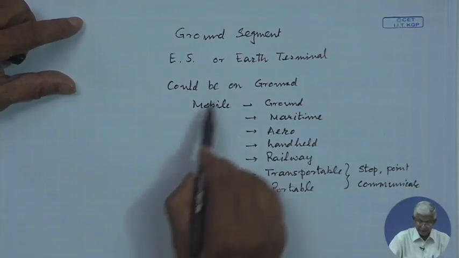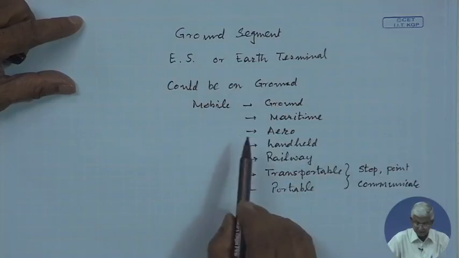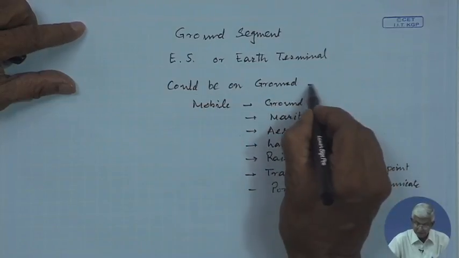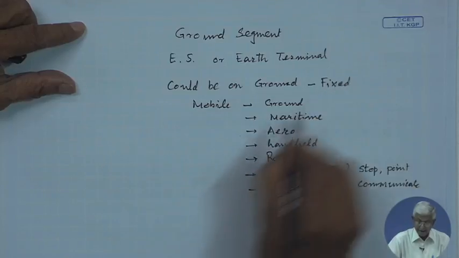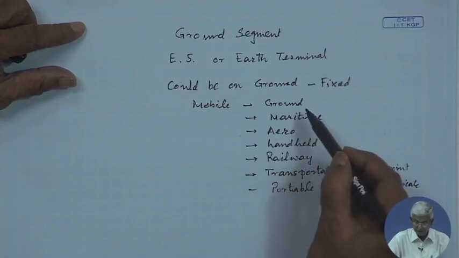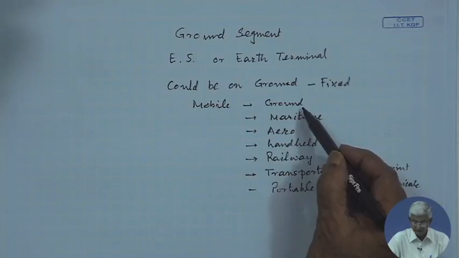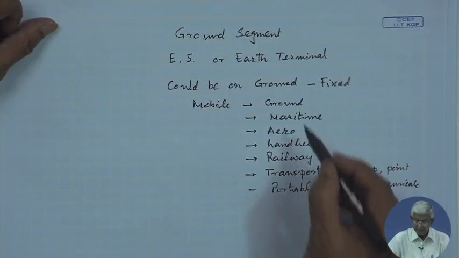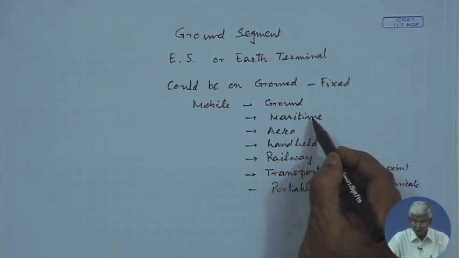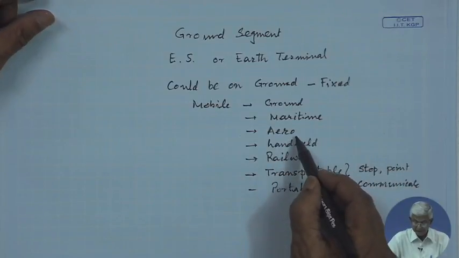So, there are fixed types of earth terminal, which could be on the ground, fixed, and could be mobile, which could be on a vehicle. It can be on a road, it can be on railway, it can be on boats or ships, which is maritime, it could be on air.